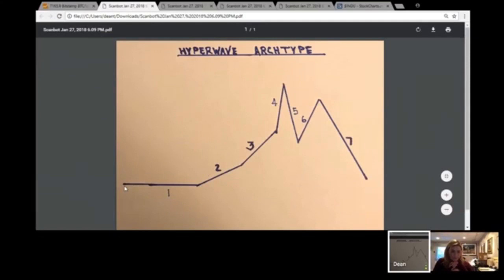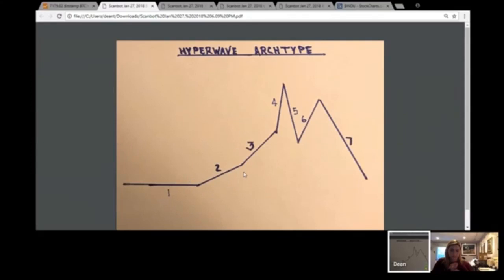The way hyperwaves move is they go through a period where demand is building but restrained. Then the supply runs out of gas relative to the demand, and the price begins moving up in phase 2.